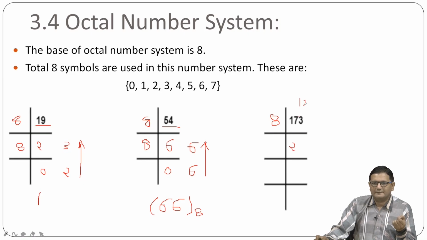Okay, fine. Now 13, so 8 ones are 8, but here what do we need to bring? 13. So 13 minus 8, how much remains? 5. So you just mention 5 here.